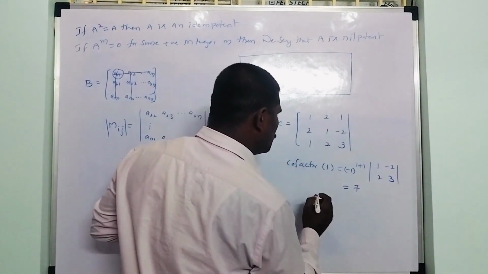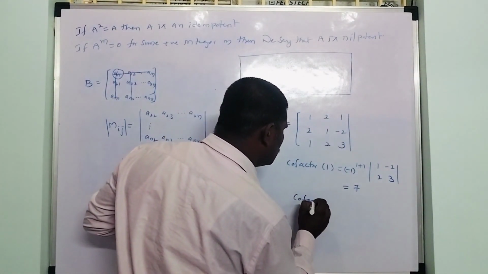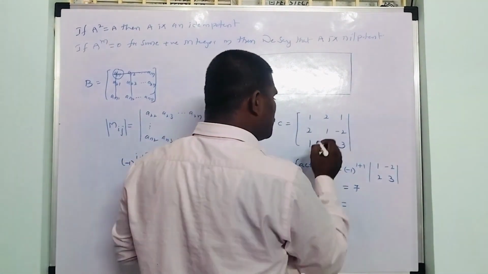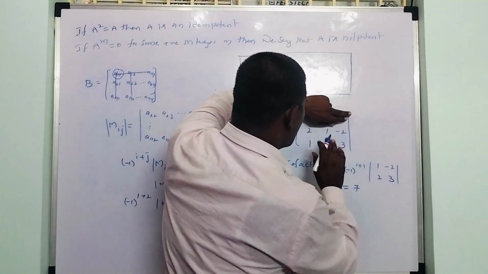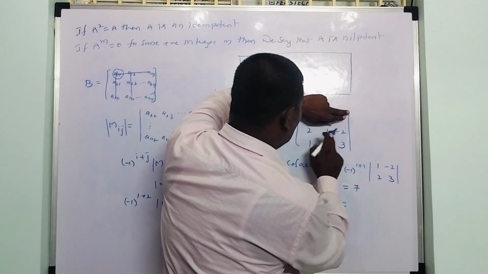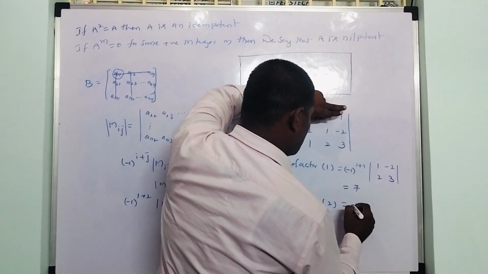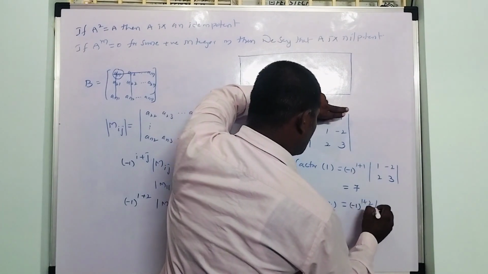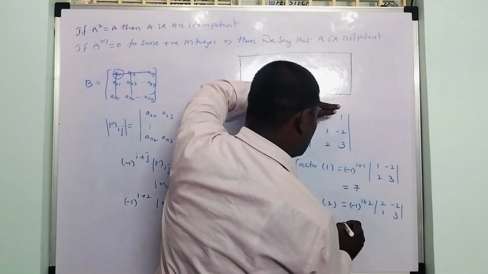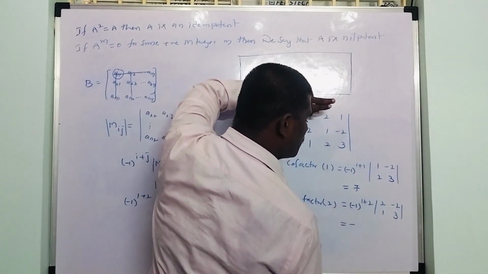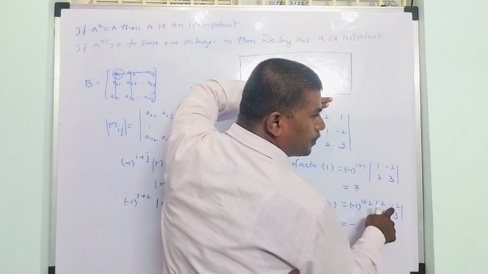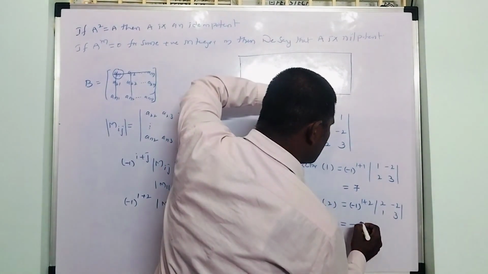Similarly, you can find the cofactor of 2. You have to exclude the first row and second column. The rest of the matrix will be 2, minus 2, 1, 3. That means minus 1 to the power of 1 plus 2 into the determinant of 2, minus 2, 1, 3. So minus 1 whole cube means minus, and 2 times 3 is 6, minus minus 2 is plus 2, so 6 plus 2 is 8.